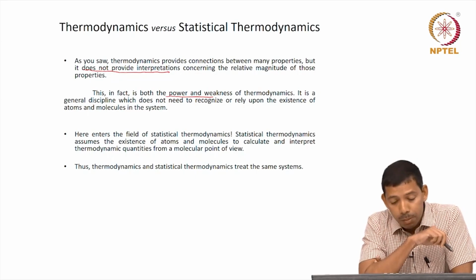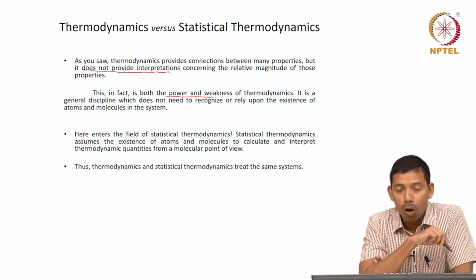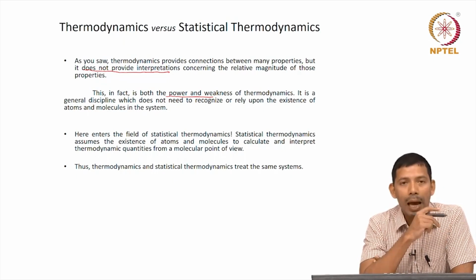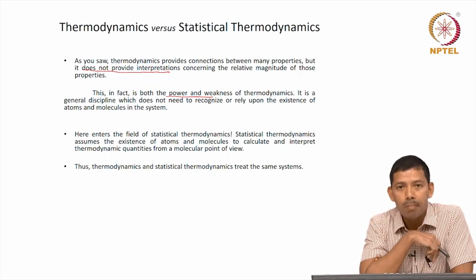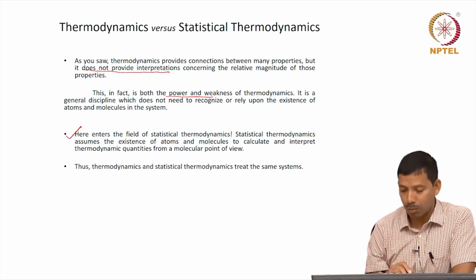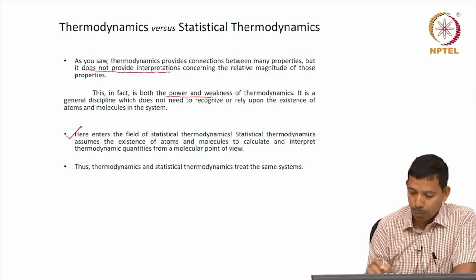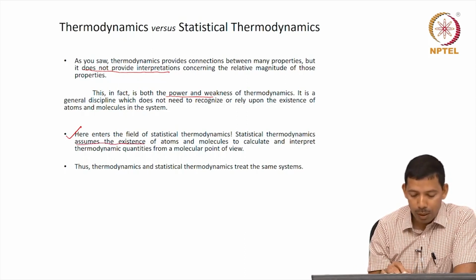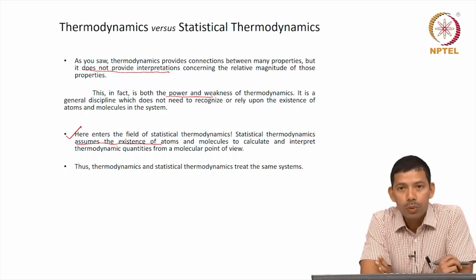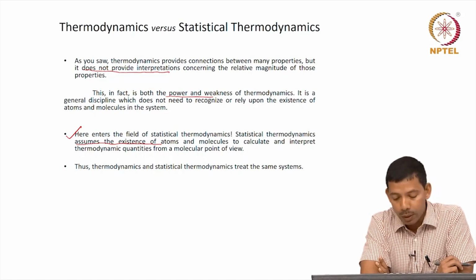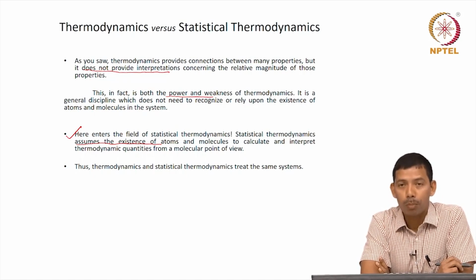It is a discipline that does not need to recognize the existence of atoms or molecules in the system, and here enters statistical thermodynamics. Statistical thermodynamics, on the other hand, assumes that the system is composed of molecules and atoms, and it calculates and interprets the thermodynamic quantities from the molecular point of view.